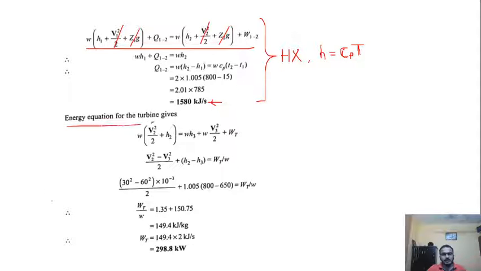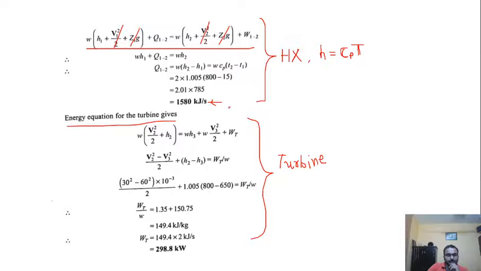Now the energy equation for the turbine, so this whole calculation is now for the turbine. In the turbine we cannot neglect the velocity changes.